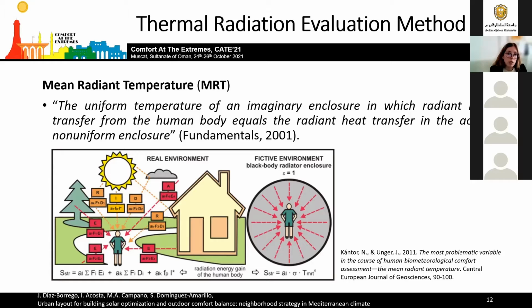The use of this metric is because the analysis focuses on controlling the potential temperature increase from outdoor solar radiation while seeking to maximize solar access in the buildings. So, as I said before, the evaluation was carried out using Ladybug Tools in order to assess which urban configuration is more favorable in this sense.